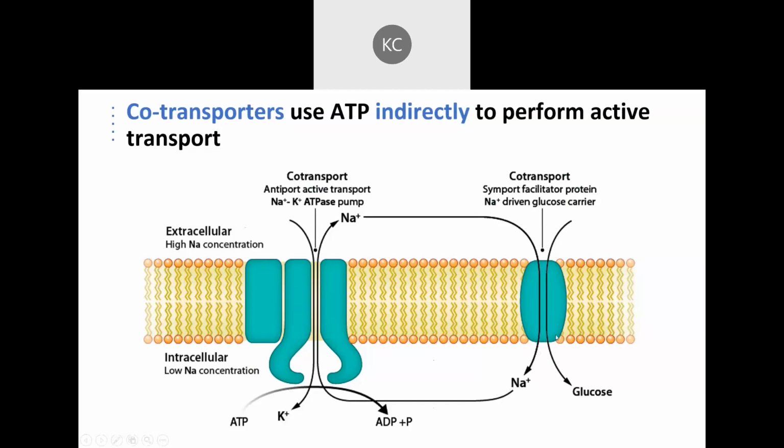Okay, so this is what's called a sodium glucose symporter. All right, because we're utilizing sodium to simultaneously help bring glucose into the cell. All right. So this one here is utilizing ATP indirectly because it's relying on this protein pump over here, which utilizes ATP directly. Okay. All right.